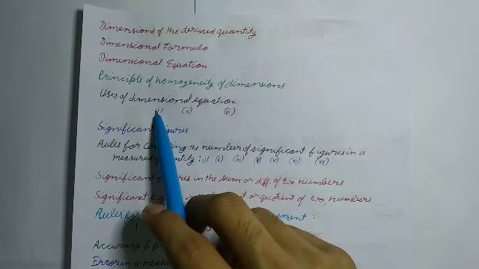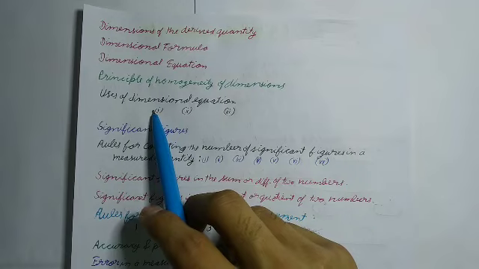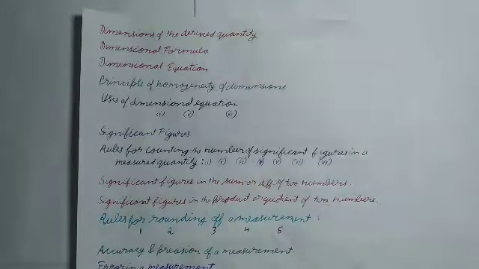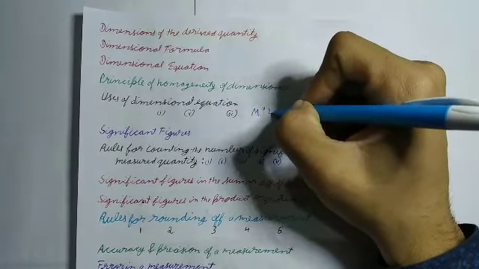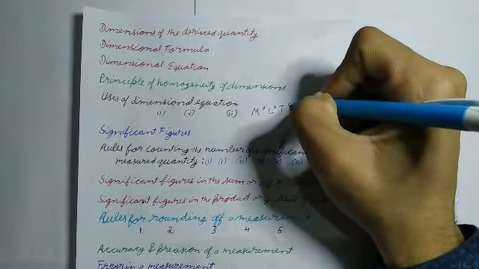First is to convert a physical quantity from one system of units to another. Suppose a physical quantity has a dimensional formula M^a L^b T^c.